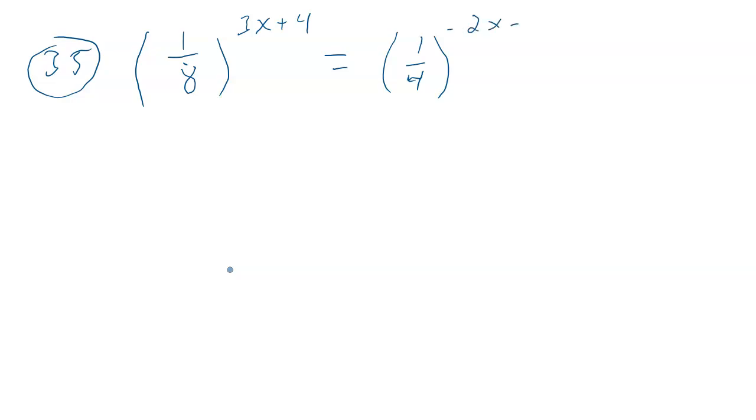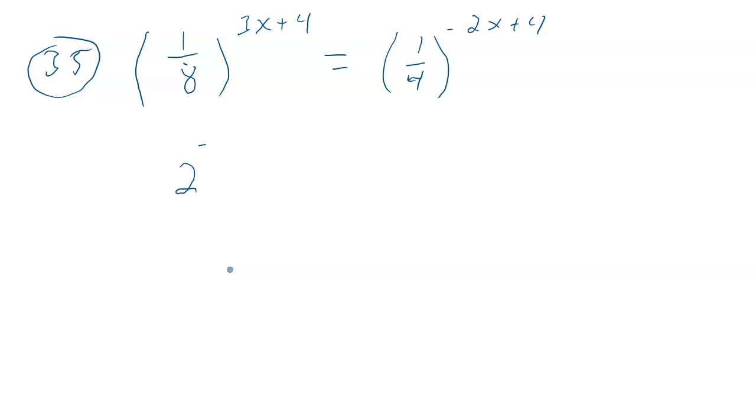Is that a 1/8? Yep. 1/8 raised to the 3x plus 4 is equal to 1/4 raised to the negative 2x plus 4. Okay. Got to get to base 2.